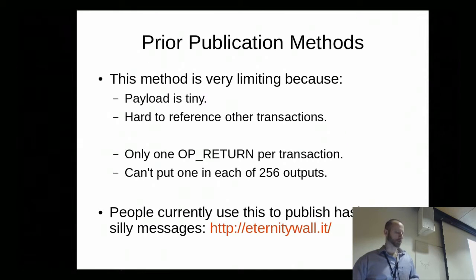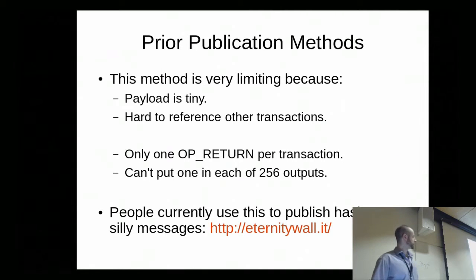One of the things I said before is that you've got up to 256 outputs. So one might think, okay, well that's 80 bytes times 256. I guess that's maybe not so bad. No, unfortunately, there's a restriction that says you can only do one OP_RETURN per transaction. So you're just limited to 80 bytes per transaction, period.